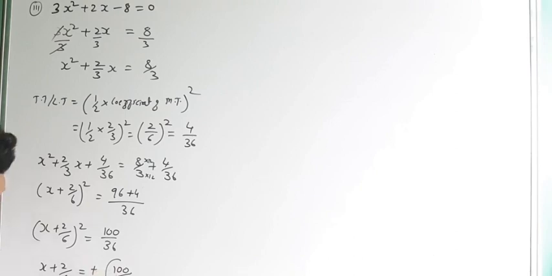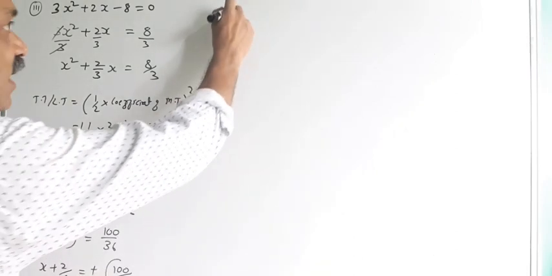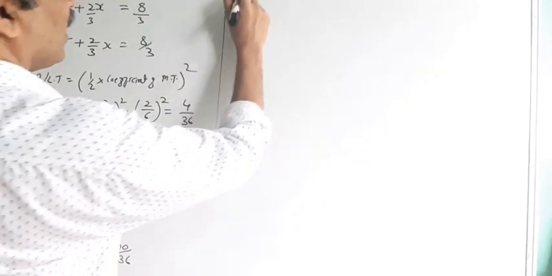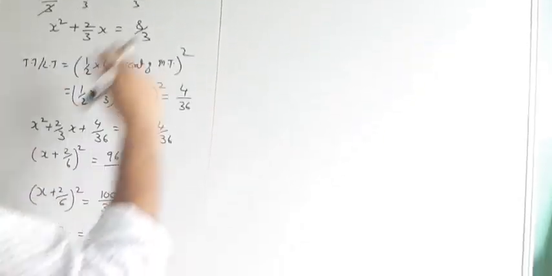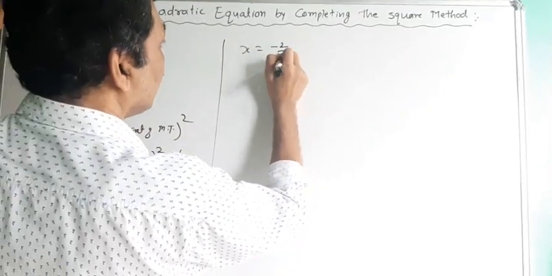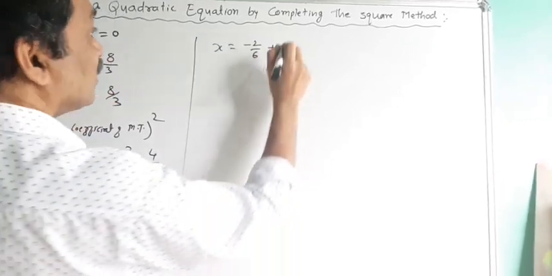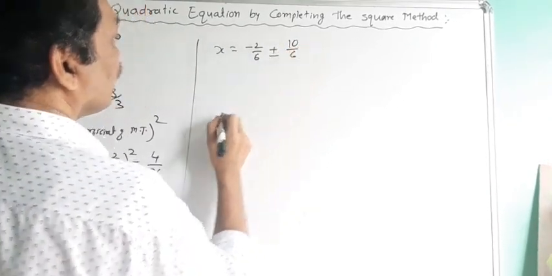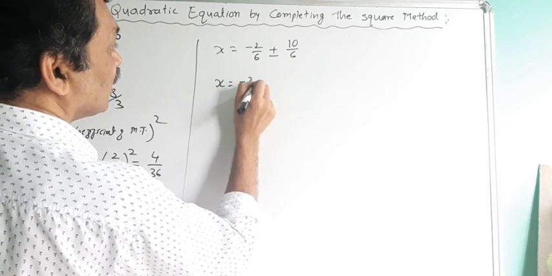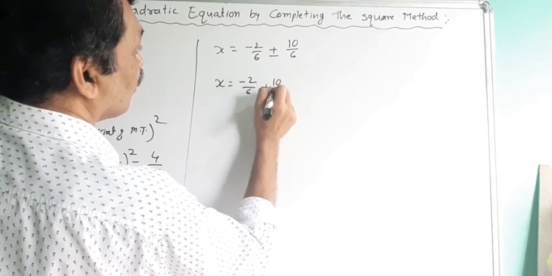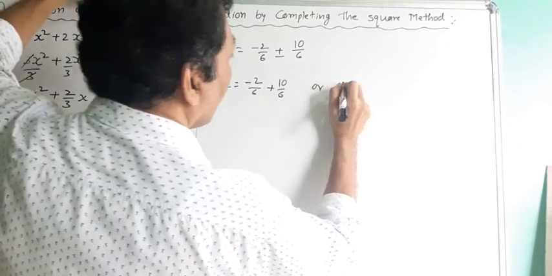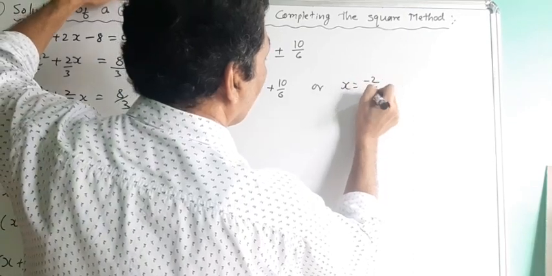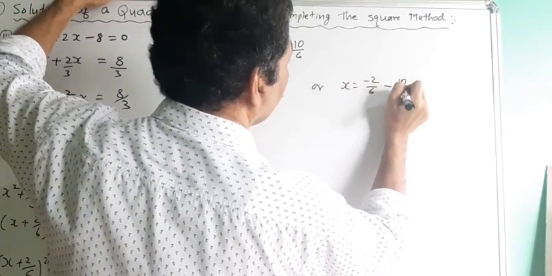Root of 100 is 10, root of 36 is 6. Hence x is equal to, taking 2 upon 6 to the other side, minus 2 upon 6 plus or minus 10 upon 6. So x is equal to minus 2 upon 6 plus 10 upon 6, or x is equal to minus 2 upon 6 minus 10 upon 6.